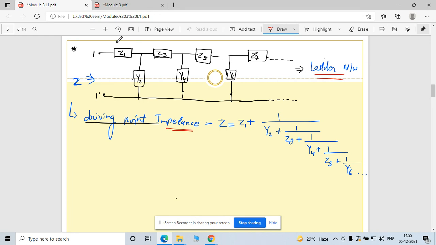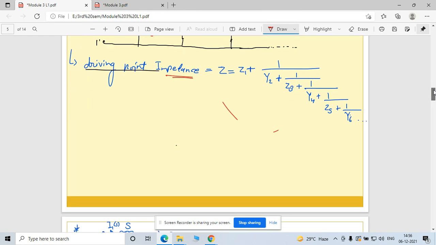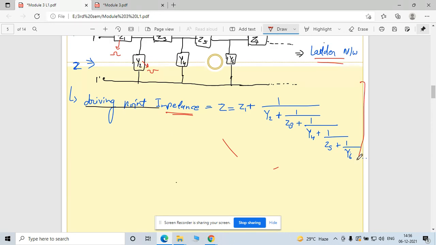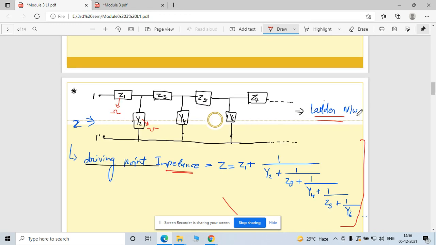The series parameter is represented in ohm, meaning impedance form, and this is in mho. The series-parallel combination of these two you can directly represent as the impedance in this format: z1 plus 1 by (y2 plus 1 by z3). This is your ladder circuit, and you can verify it by taking some example and solving it. This is your standard format for this network, and you can directly apply it here.